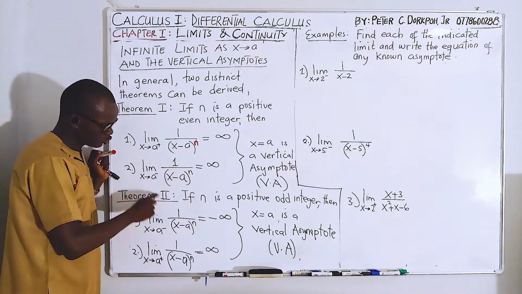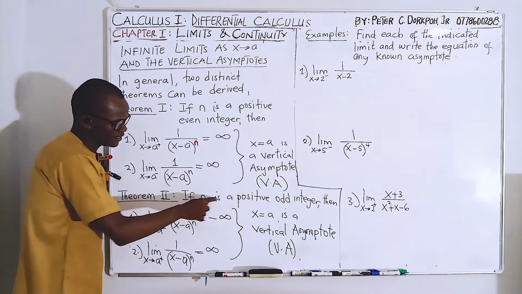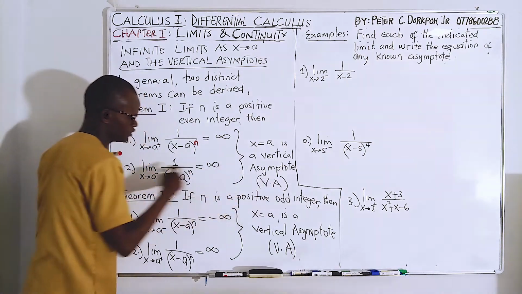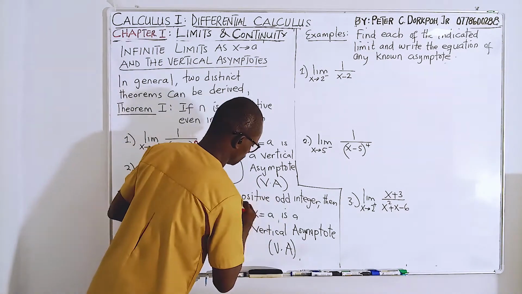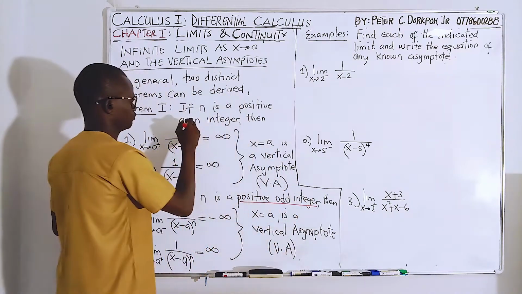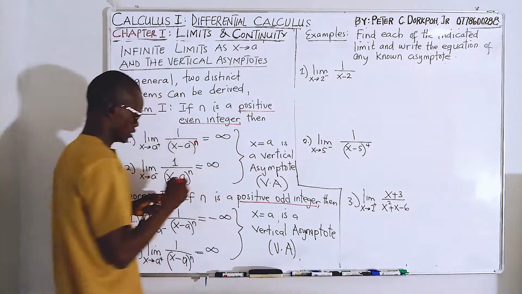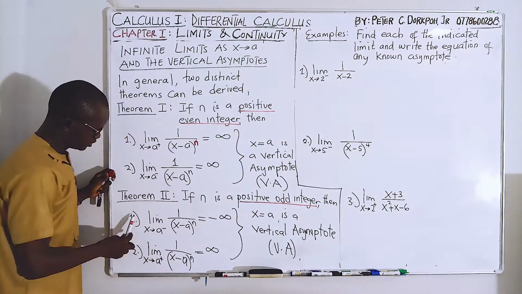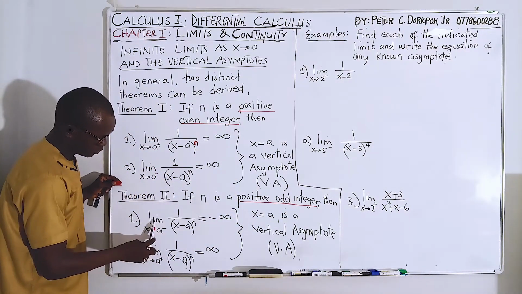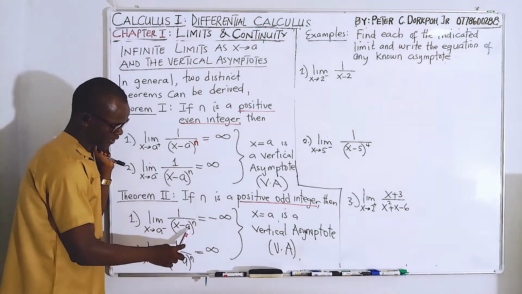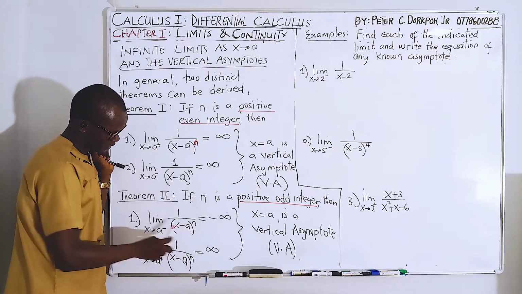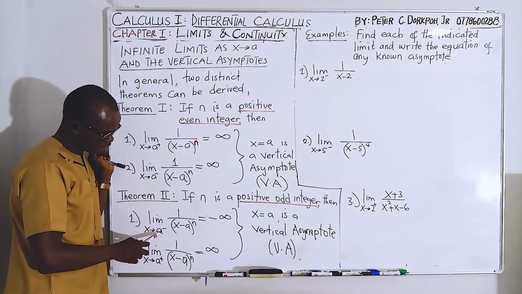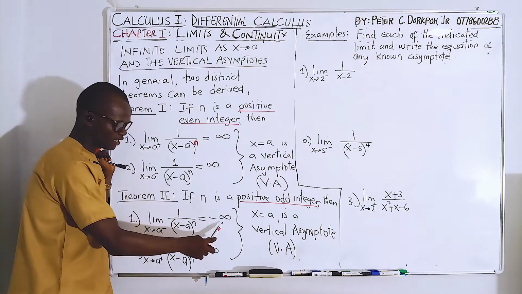Also, Theorem 2 says that if n is a positive odd integer, then the limit of 1 over x minus a raised to the power n as x approaches a from the left is equal to negative infinity.